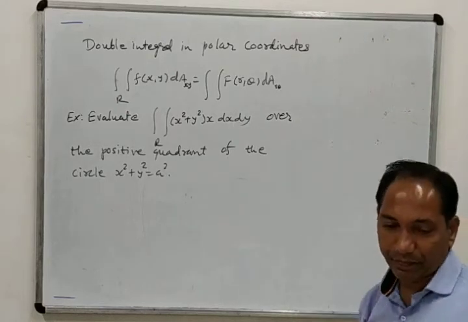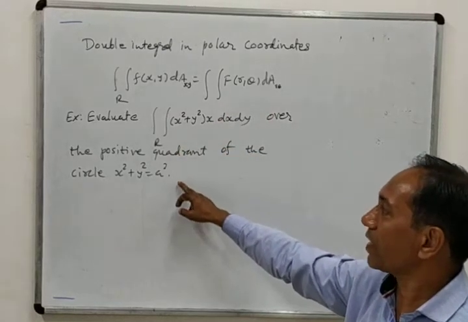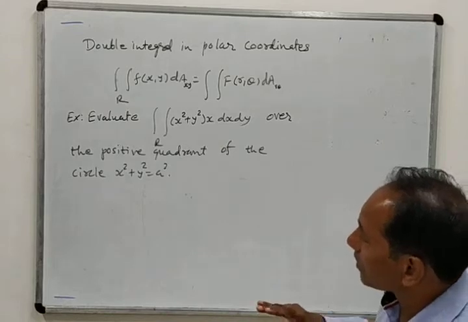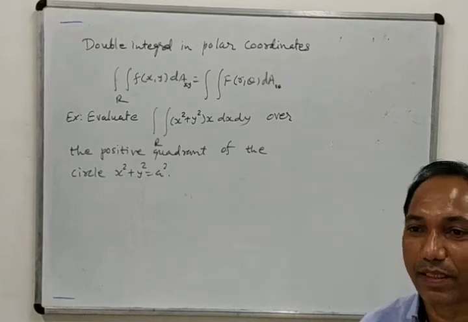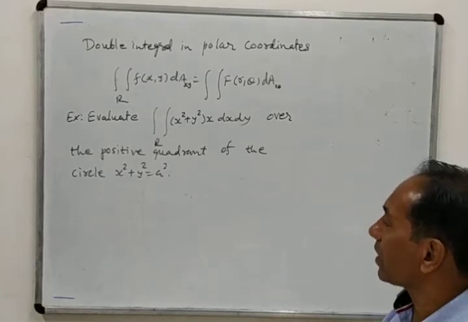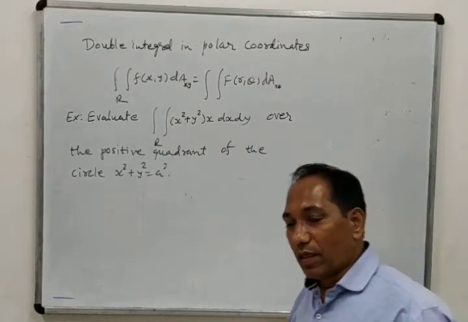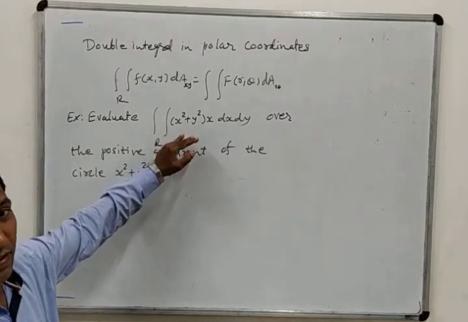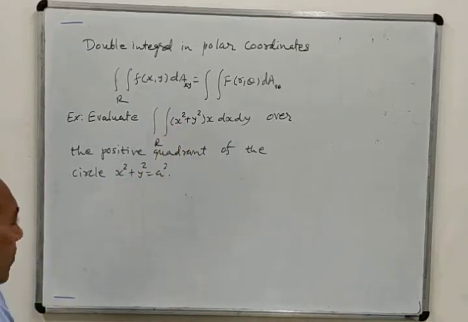See here, the problem is given directly in terms of Cartesian coordinates. So we can also solve the same problem in x and y directly without doing any other process. But if we convert this problem into polar form, then the solving process will become very simple.